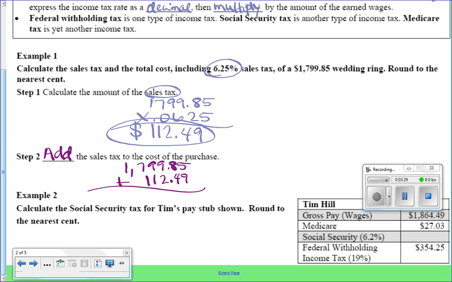And that brings our wedding ring to what? Are we good with that? Total cost of the wedding ring. Now, if you don't have that amount, remember you can take out a loan, and your budget project talks about loans, so we're going to have to recall all that information.